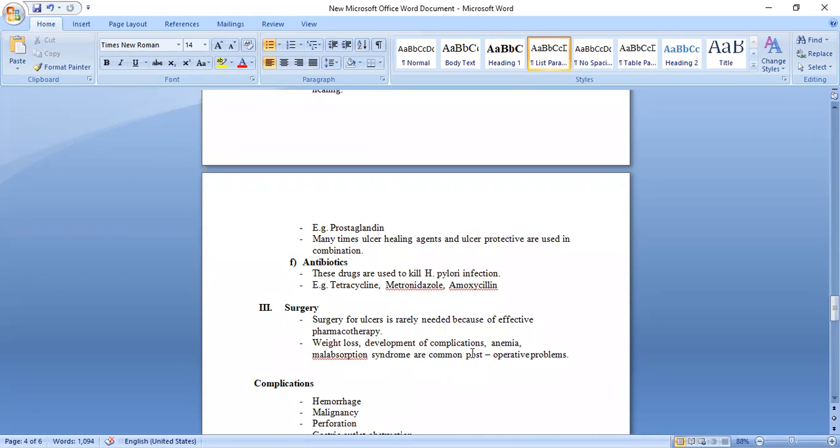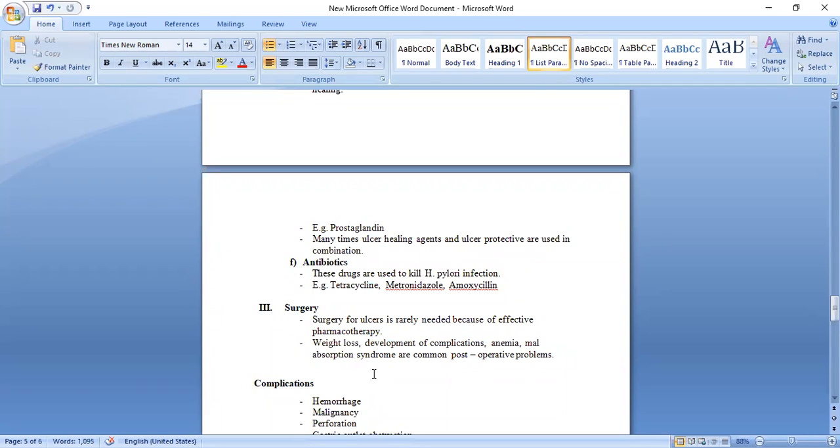Weight loss, development of complications, anemia, malabsorption, isn't it? These are the syndromes of post-operative problems. If we do the surgery, then what happens?